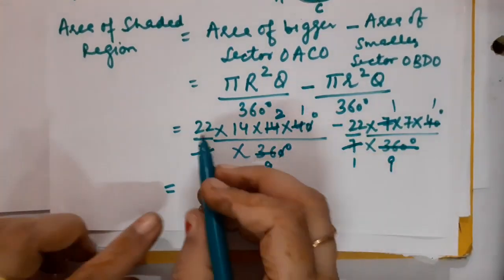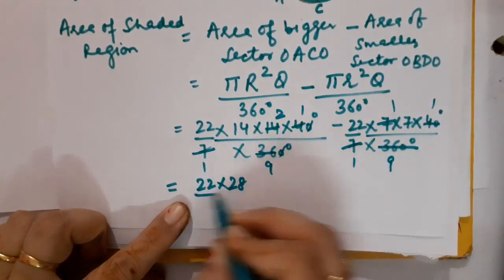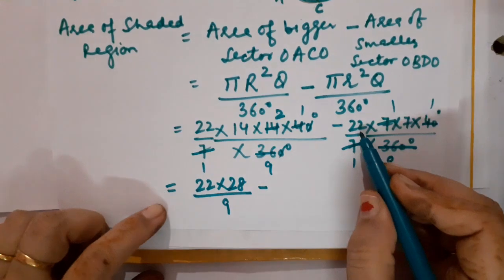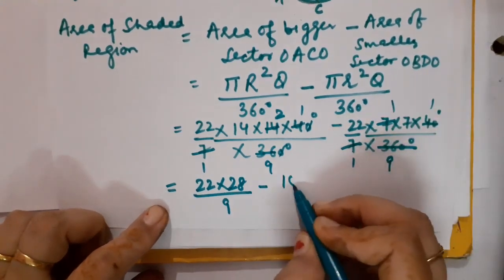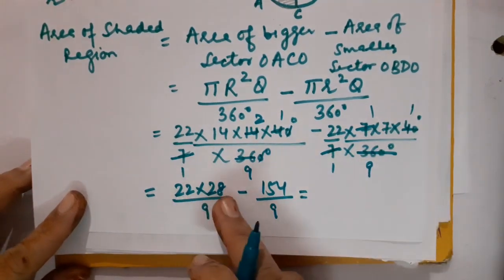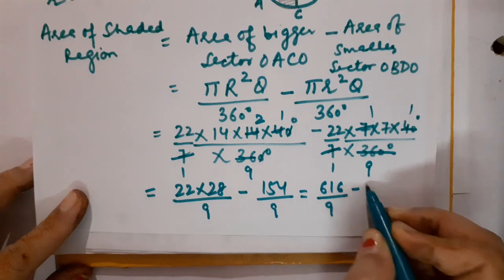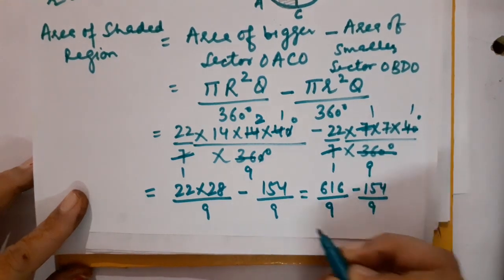So after calculating, I have got 22 into 14 2s is 28 upon 9, minus this is 22 into 7, that is 154/9. When I multiply 22 by 28, I have got 616/9 minus 154/9.